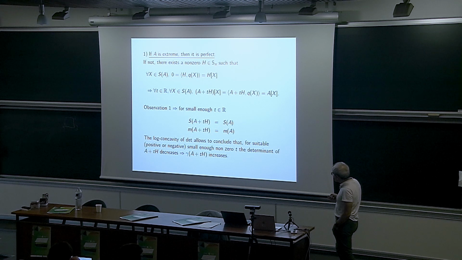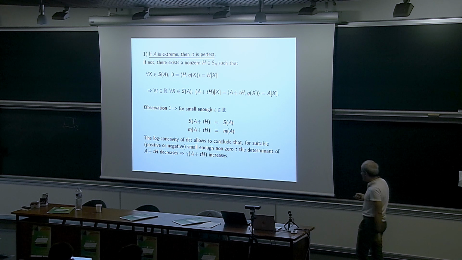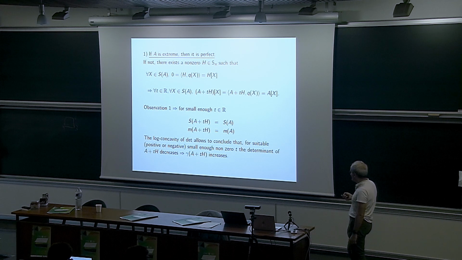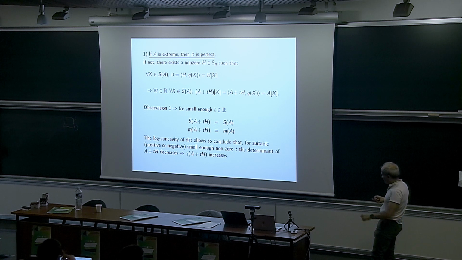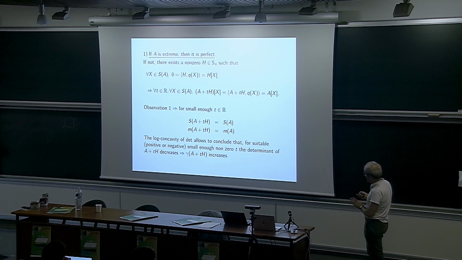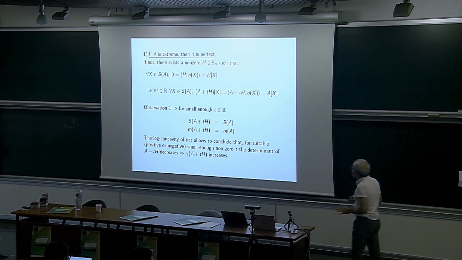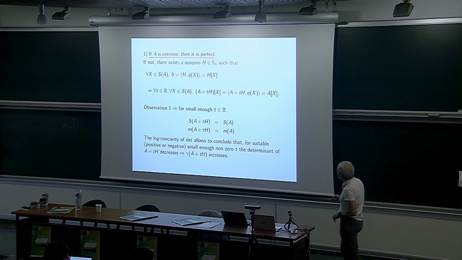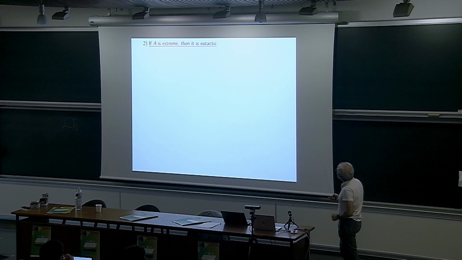And then, and this is the third ingredient, using the log concavity of the determinant, you can realize, this is a small exercise, that for suitable and small enough T, either positive or negative, depending on the situation, the determinant of this matrix has to decrease, which means that since in the density the determinant appears in the denominator, the density has to increase since the minimum stays the same. So it is that simple.